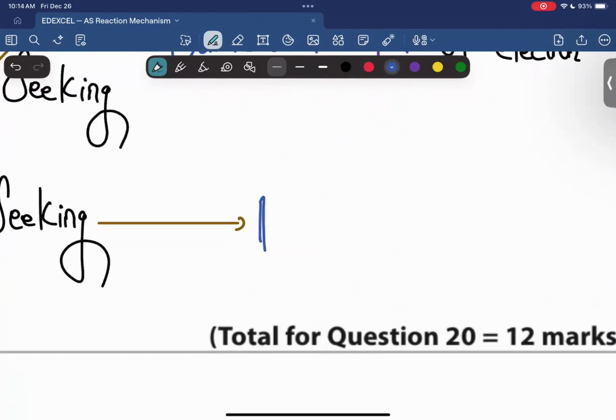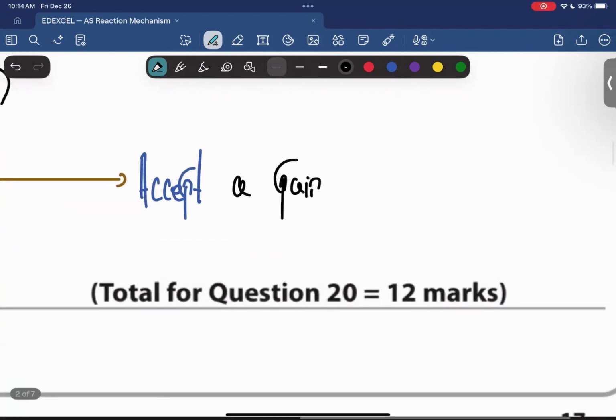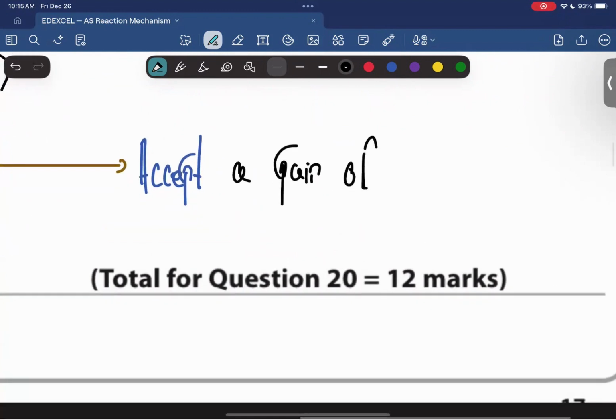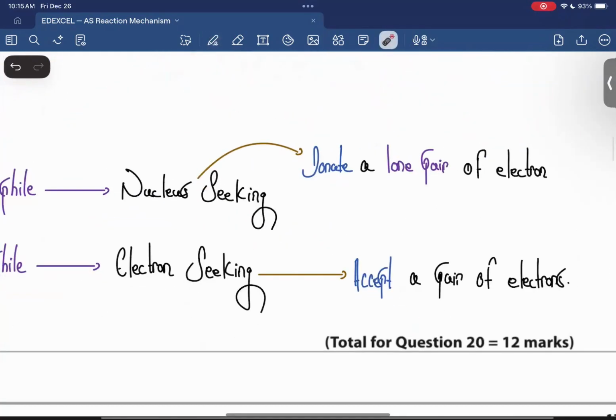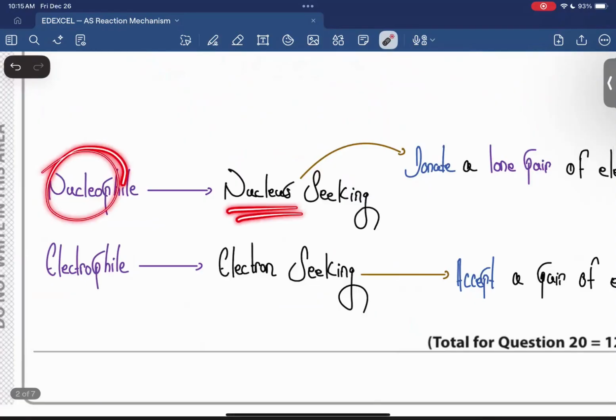Okay, now what do I even mean by this? Nucleophile, nucleus seeking.